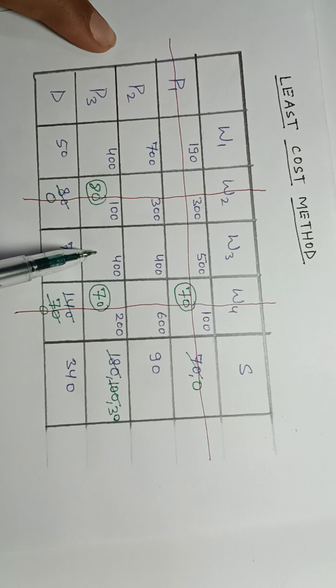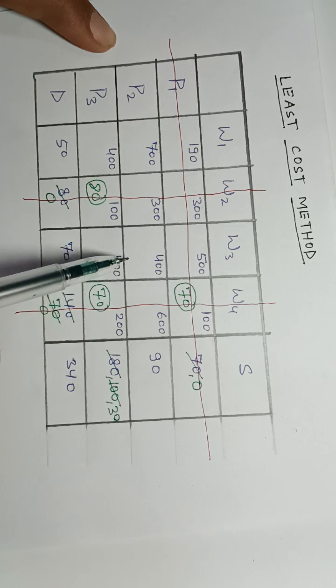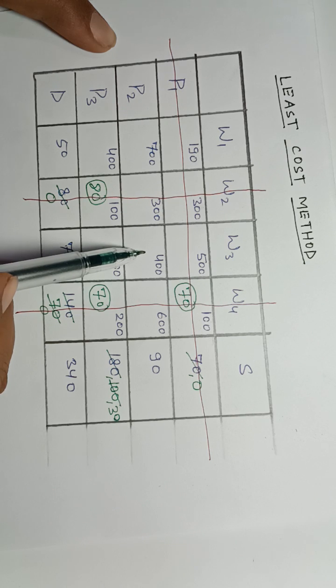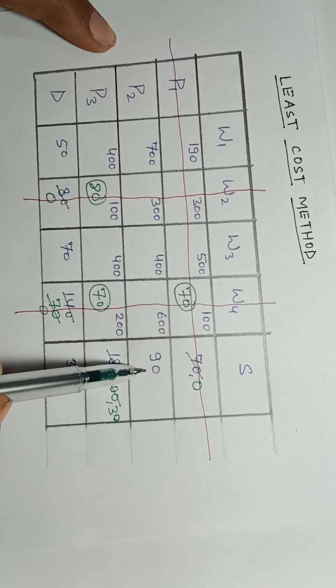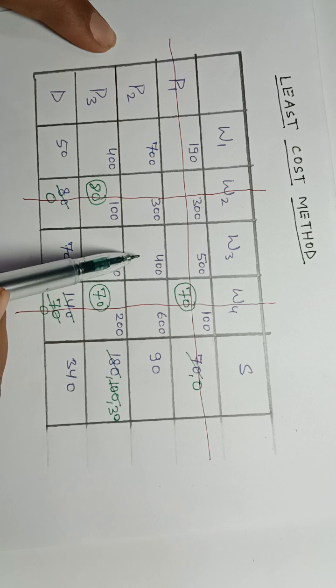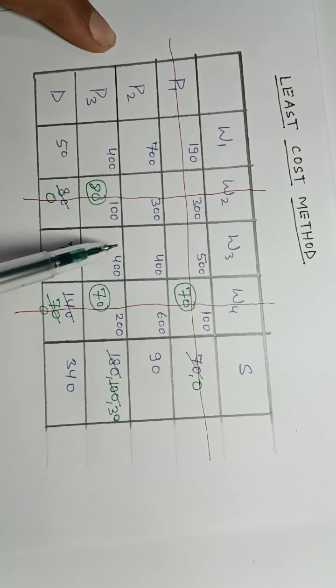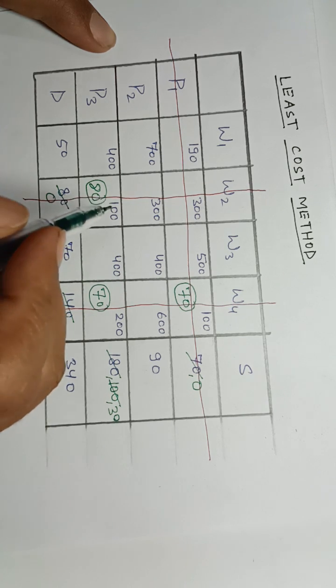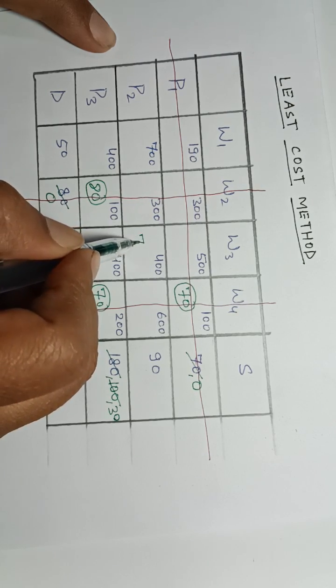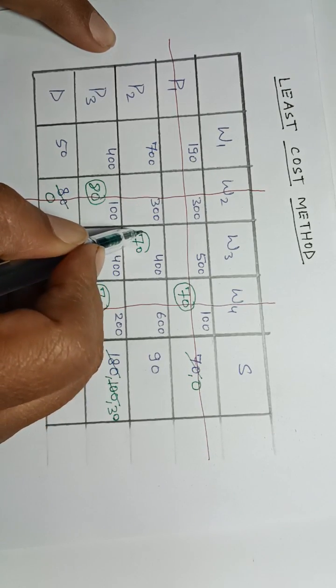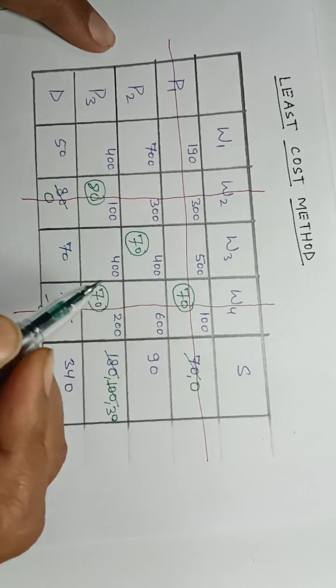In this case there is a supply of 90 and a demand of 70, so the maximum we can allocate here is 70. So I will allocate 70 units here.